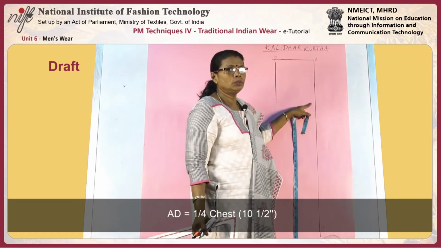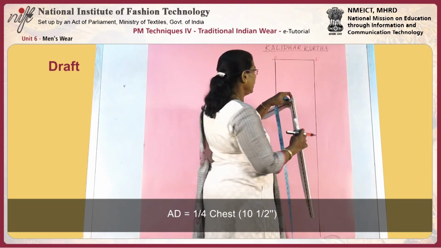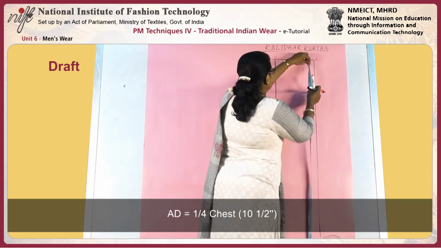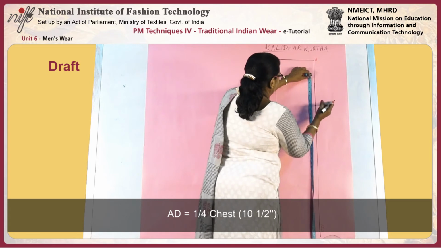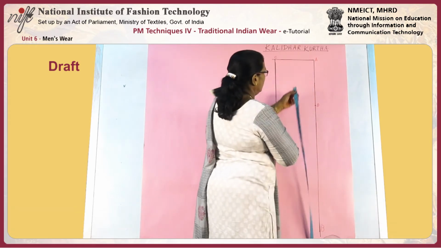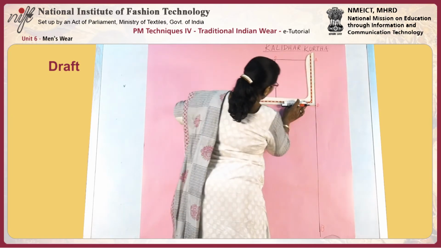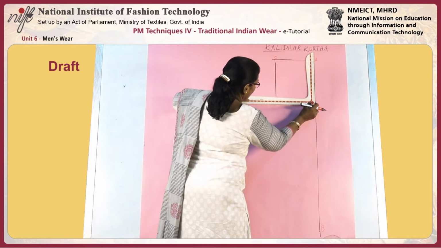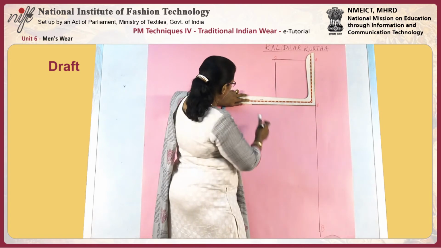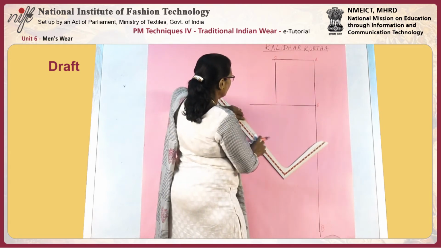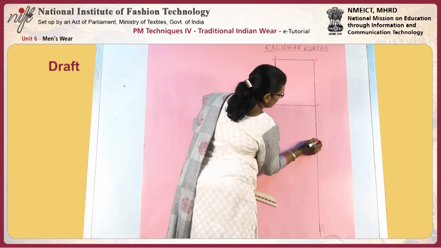AD is equal to chest by 4, 1/4 of chest, then 10.5. And draw a perpendicular line to AD. This line is the center line.